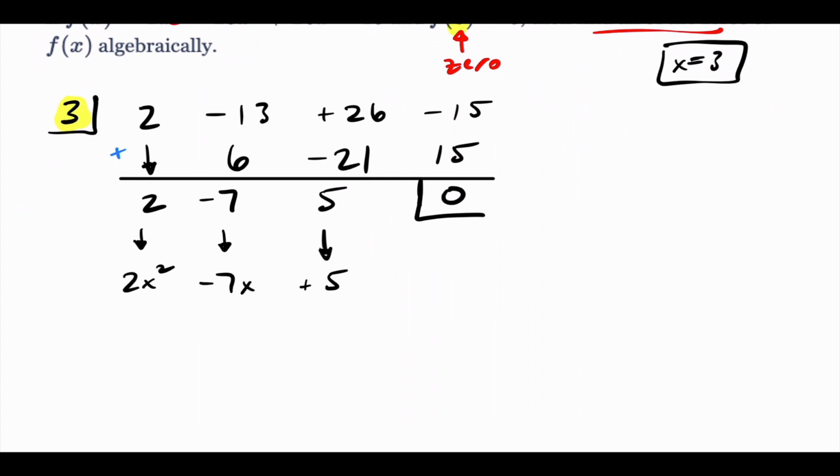Now I got to use that guy to get my other 2 answers. So what do I need to do? How do I get my other 2? Right there. Trinomial steps right there. Set it equal to 0. Already in standard form. Does it have a GCF? No. So skip that step. Go right to ABC.